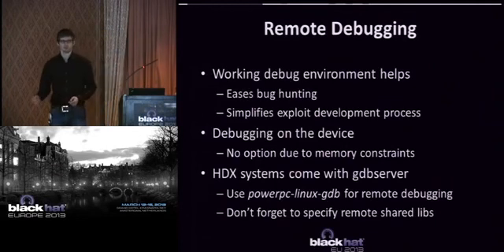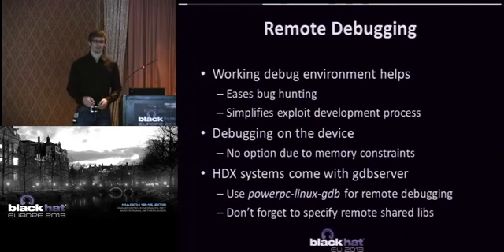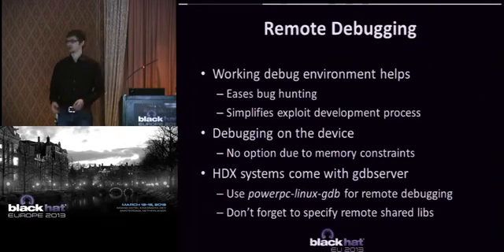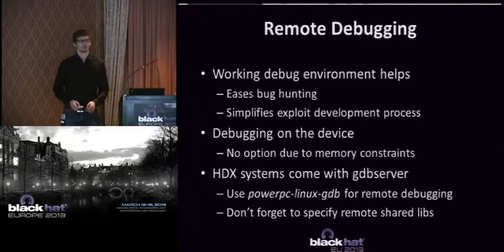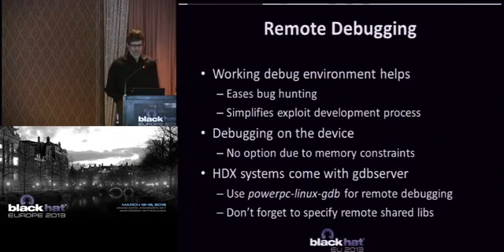However, that failed miserably because trying to debug a 50 meg binary on the device, which has really not a lot of memory, doesn't work. However, as I said, the device comes with a GDB server binary. So you just compile your own PowerPC Linux GDB binary and you can pretty easily do remote debugging. Don't forget to specify the remote shared libs, otherwise you're running into some weird problems, which I learned the hard way.